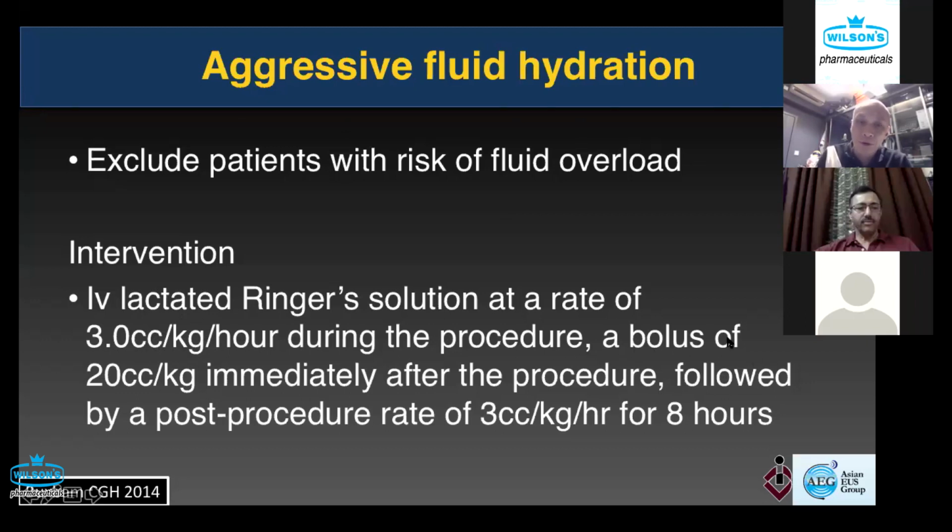Then this is followed by a bolus of 20 cc per kilogram immediately after the procedure, and then continued at the same rate for another 8 hours. So actually a lot of fluid is given in this regimen, almost 4 liters over a day. So really the patient needs to have no risk of fluid overload to receive this therapy.